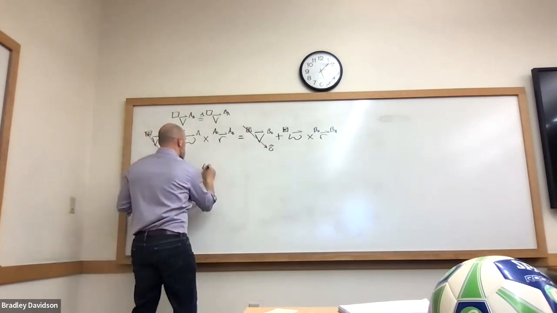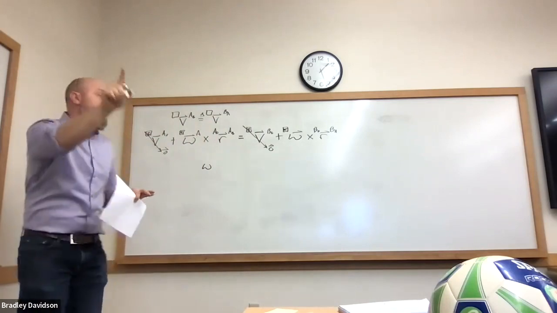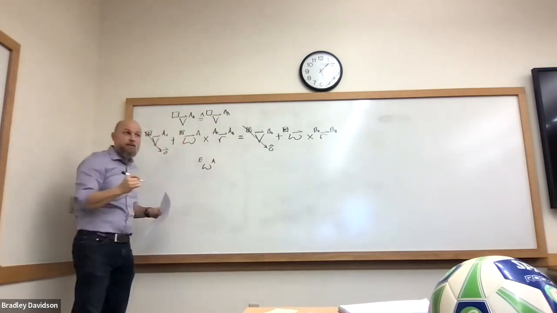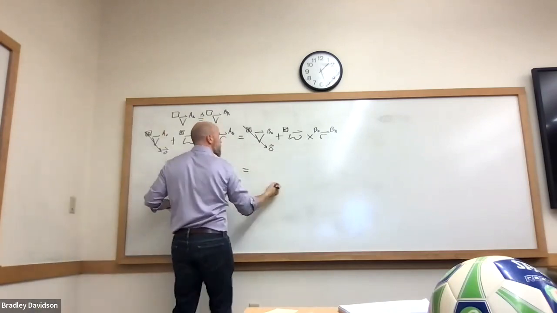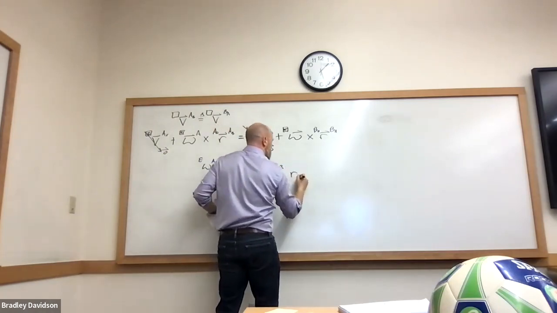And so now I've got omega. Now it's R omega, but it's R from E to A, then RA, and then omega from E to B, RB.